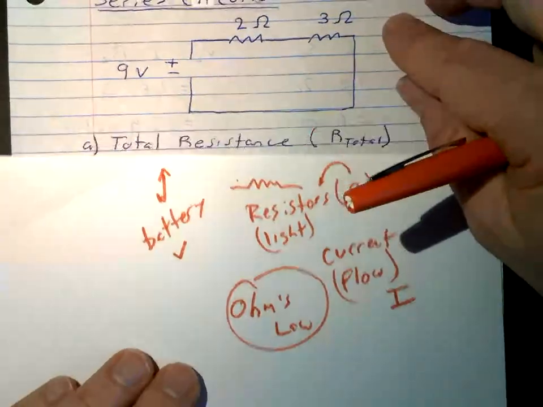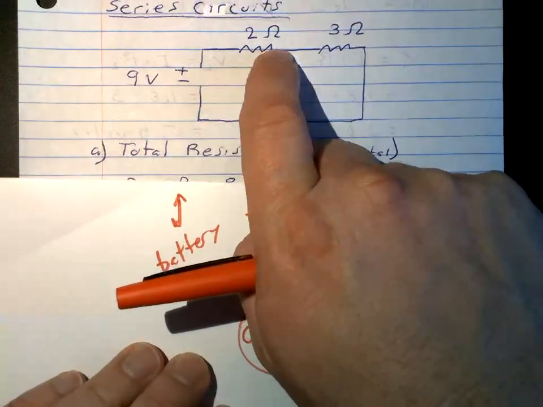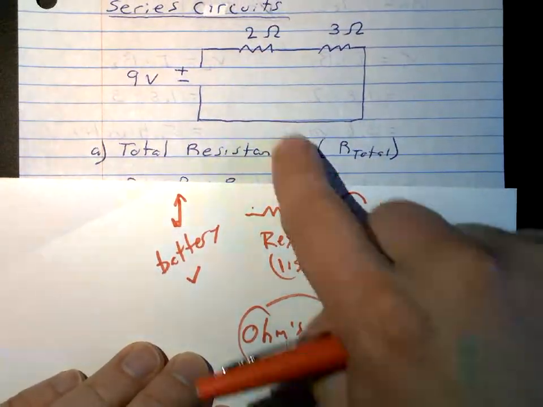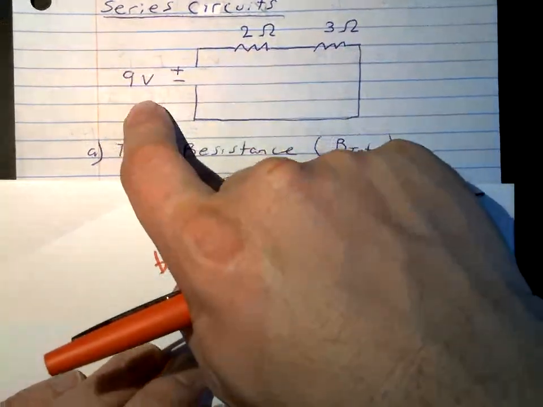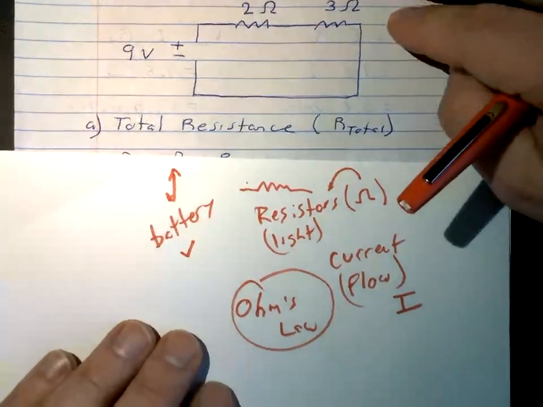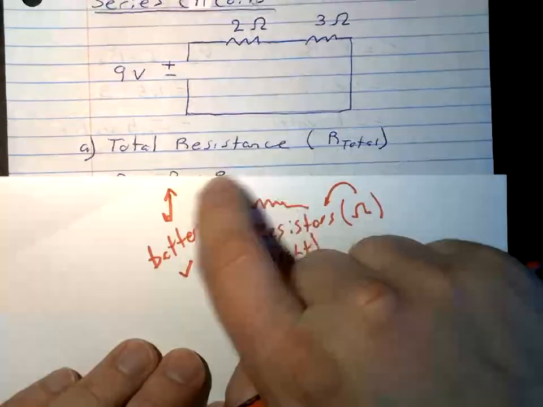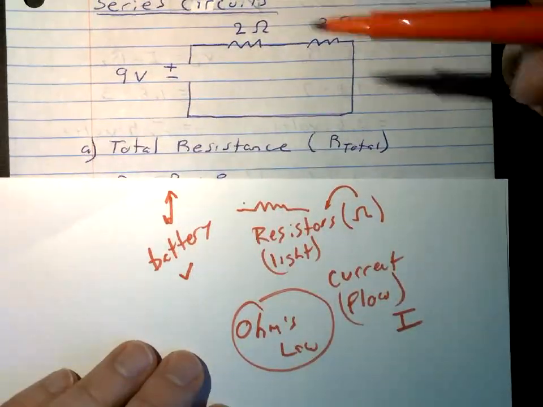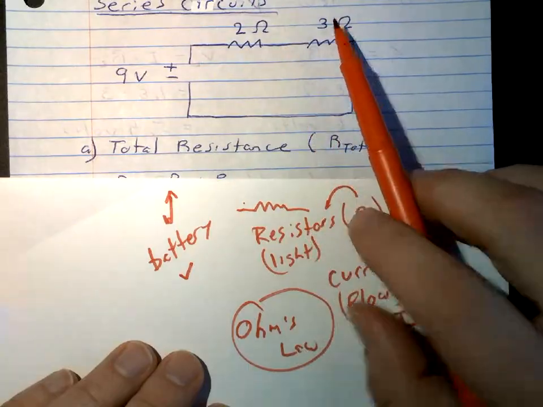But let's take care of this. Let's say we hook up two resistors, 2 and 3 resistance, with a 9-volt battery. Maybe your first question on your homework says, what's the total resistance? You're going to take 2 plus 3.